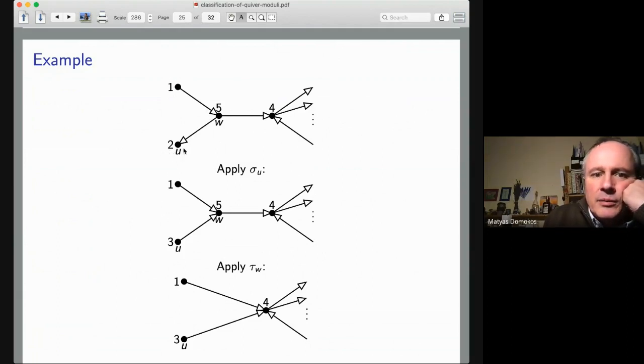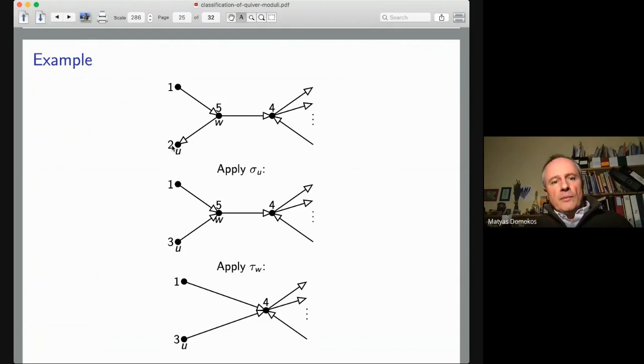So we are allowed to reverse this arrow, and that's how we get the second quiver. So now the arrow starts at U and ends at W, and the value of the dimension at U was originally 2, but now it will be 5 minus 2, so it's 3.